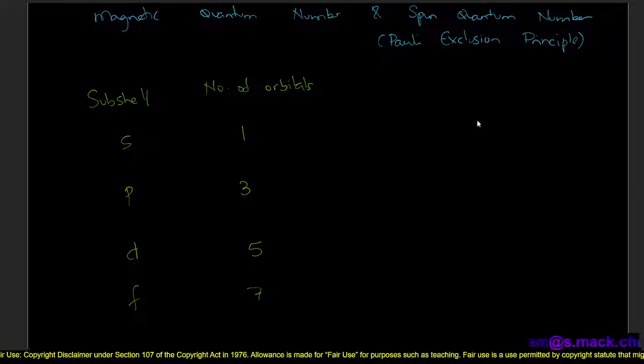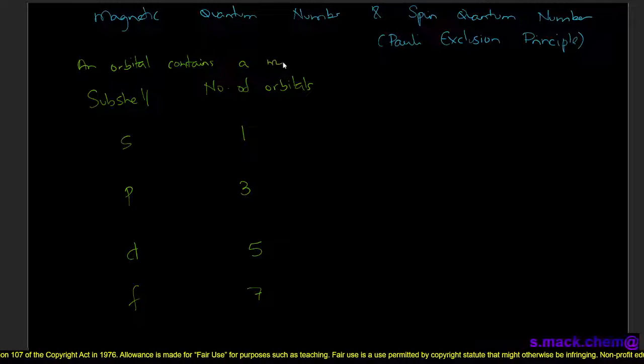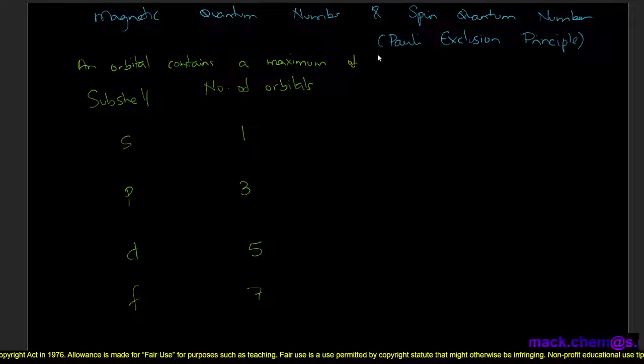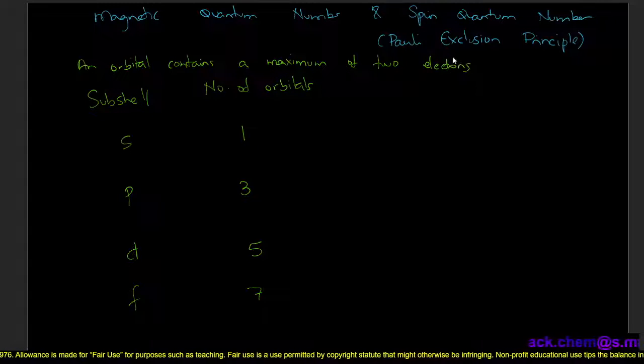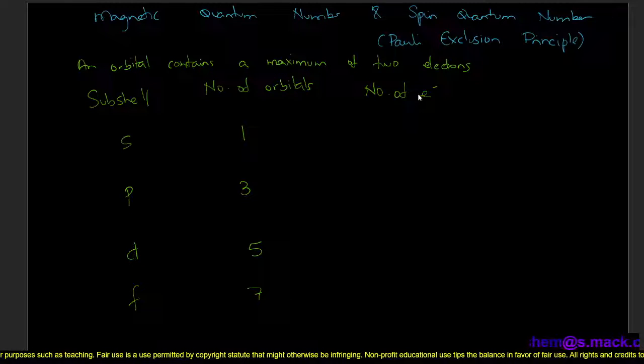And we're going to apply the rule here that an orbital contains a maximum of 2 electrons. I want to add on to that rule, but first I want to look at the number of electrons found in each orbital.